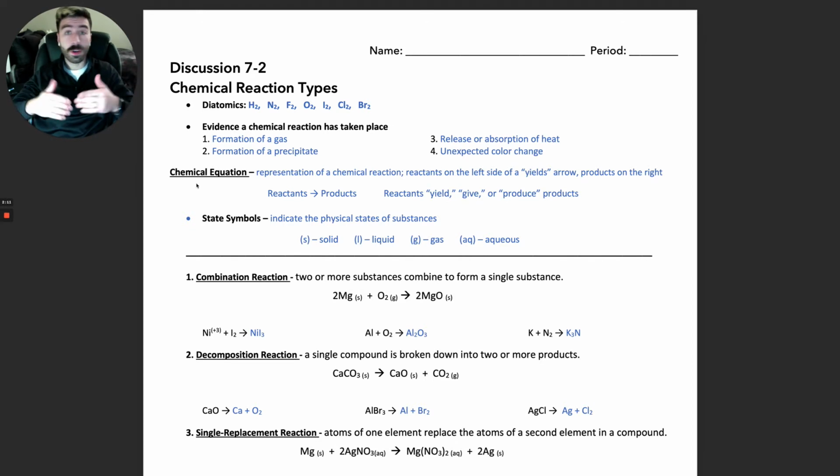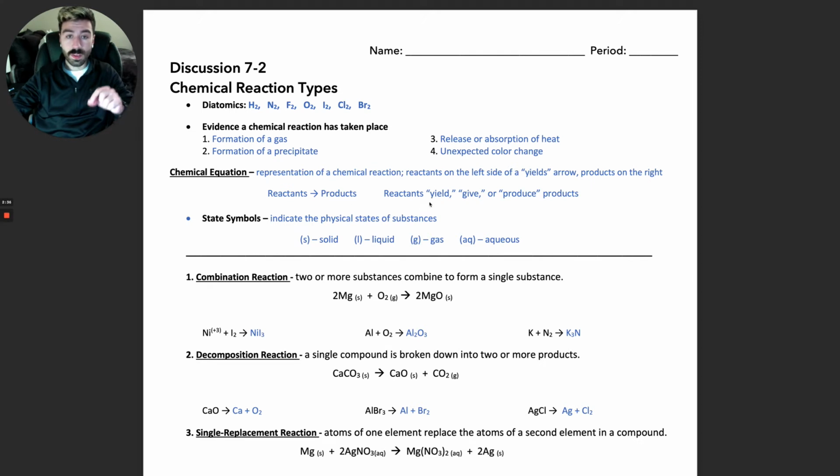And then for a chemical equation, we represent that with an arrow. A chemical equation is just a representation of a chemical reaction with the reactants on the left side of a yields arrow, which I'll talk about in a second, and the products on the right. So the reactants yield the products.